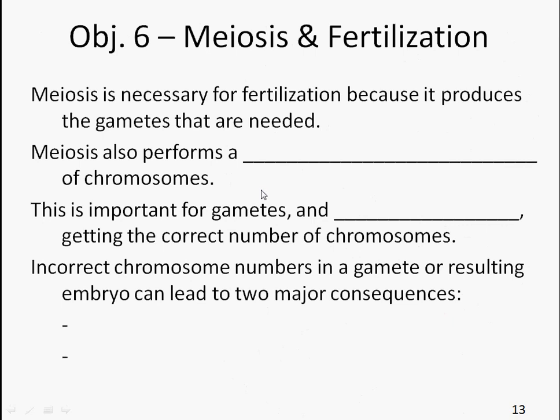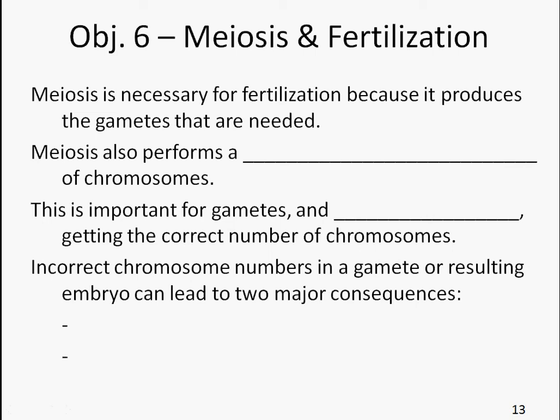Alright, so what this all has to do with fertilization and sexual reproduction is that meiosis is absolutely necessary for fertilization because literally it's producing the gametes that are needed for sexual reproduction to take place. You need 2 sex cells. So meiosis also performs what's called reduction division.